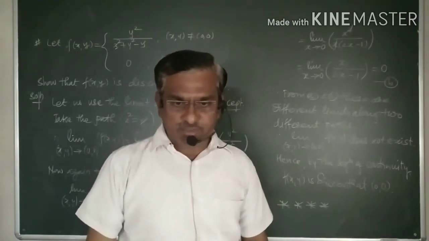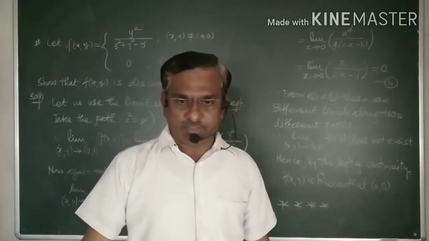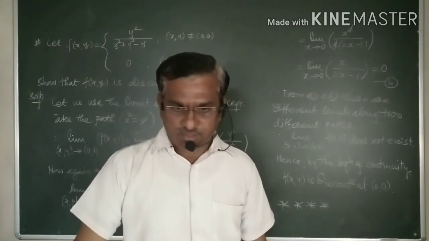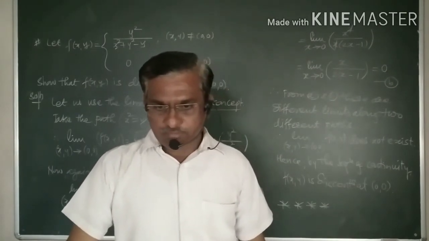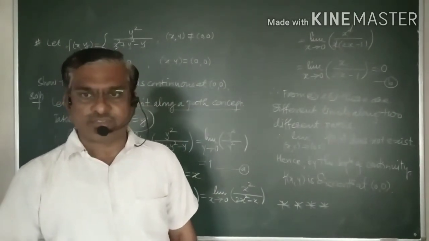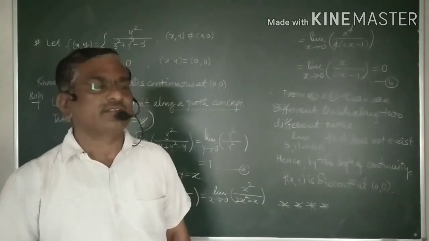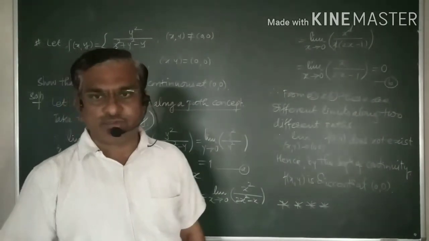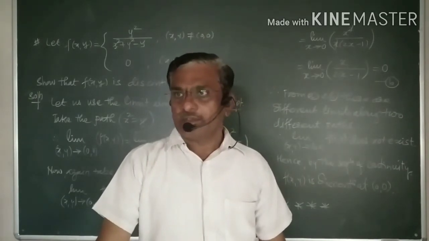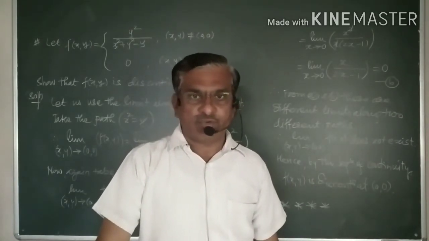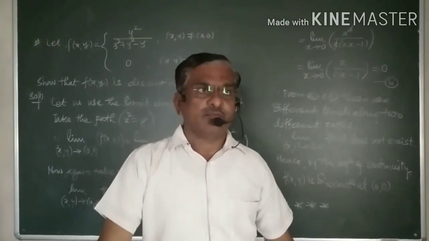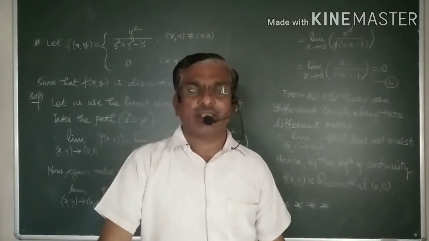Okay, let me summarize within 1 minute. In the limit and continuity of a function of two variables, first of all, we have defined the domain of a function. Then, examples over it, and we have considered some level curves, their definition and examples.